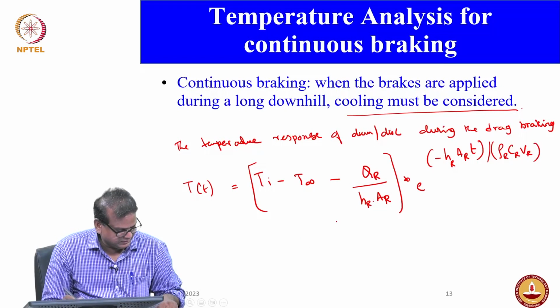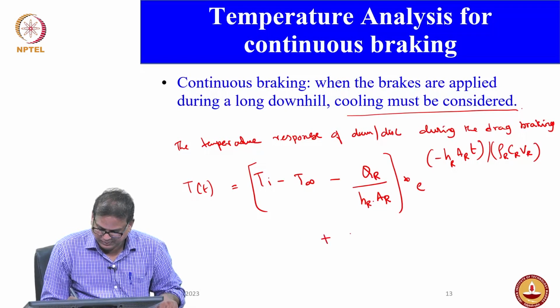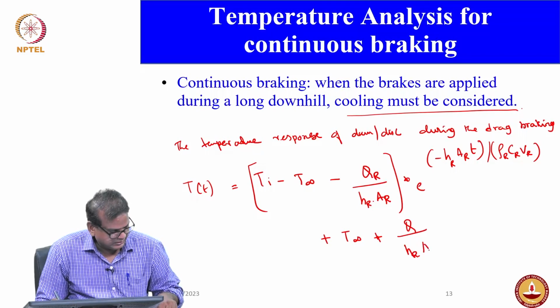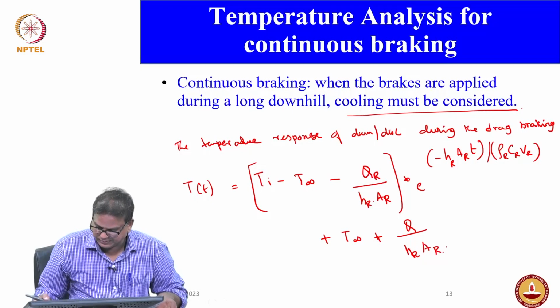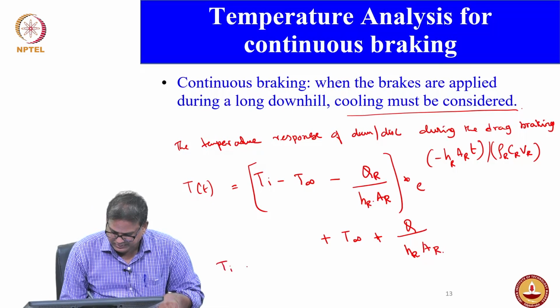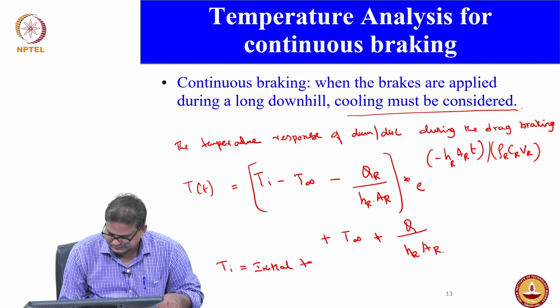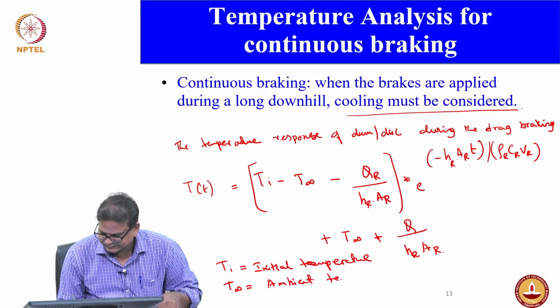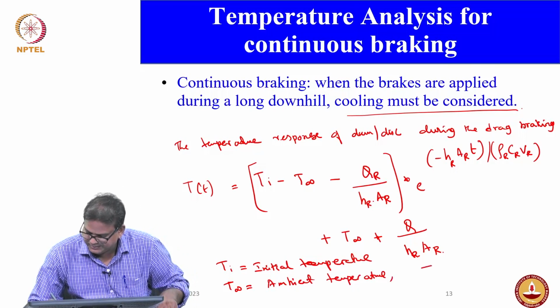Then again you need to have your ambient temperature plus QR over HR and AR, okay. This is the thing, where Ti is the initial temperature, T infinite is the ambient temperature, and T of T is the final temperature.